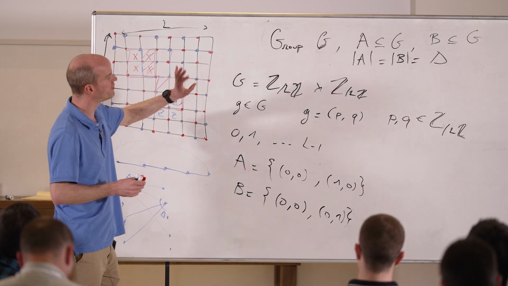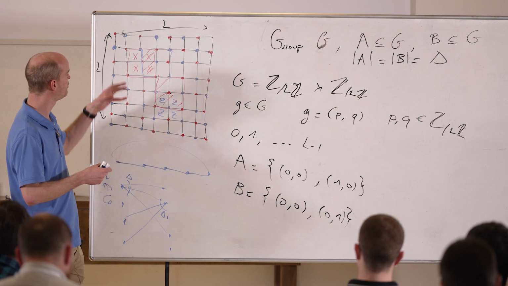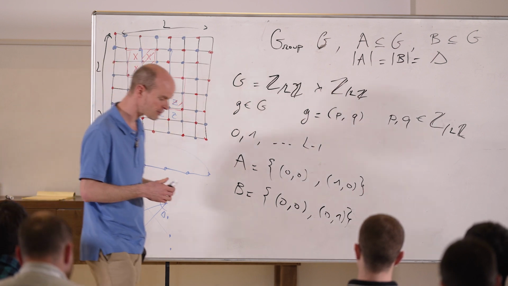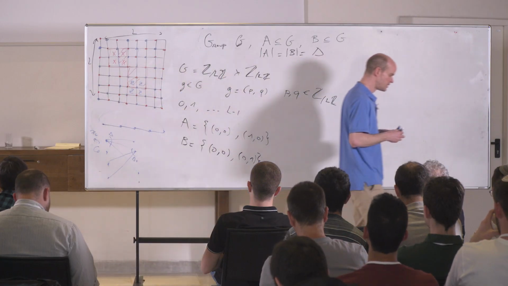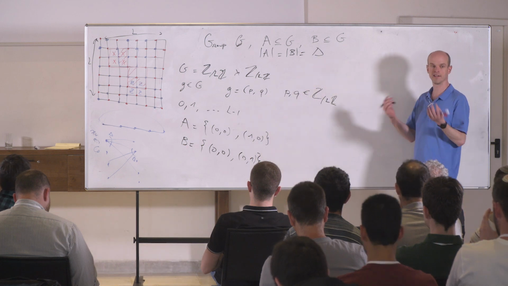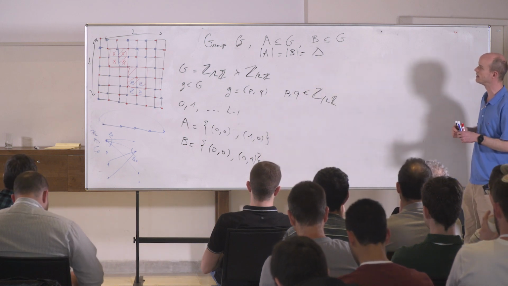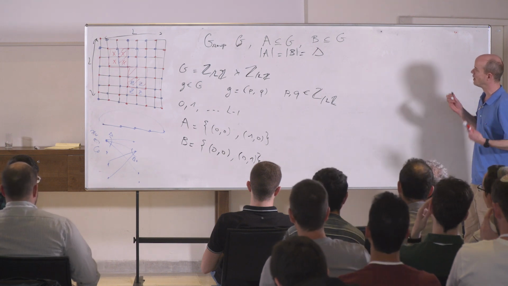So I have this group and these two subsets, and now I need to define this kind of object. I need to define three things: vertices, edges, and squares.